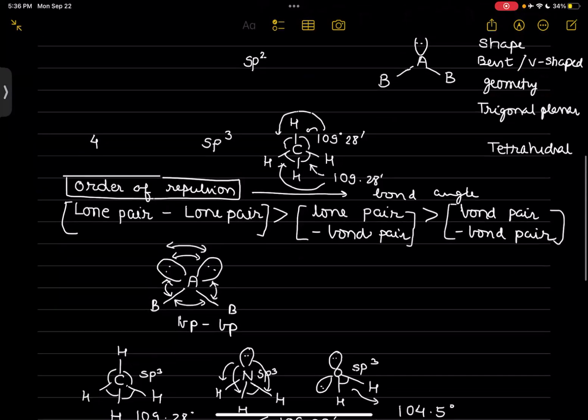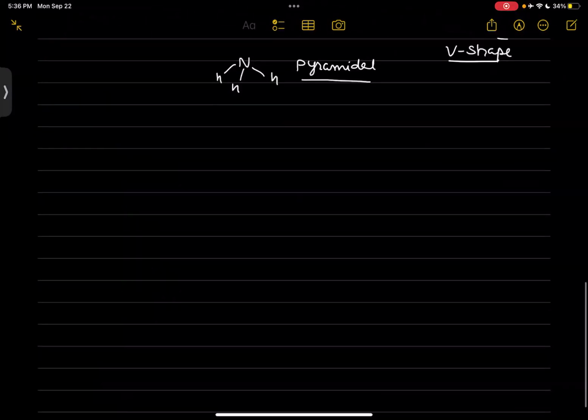Next, suppose we have 5 groups. What is going to be the hybridization? Five means you need 1 s, 3 p, and 1 d.